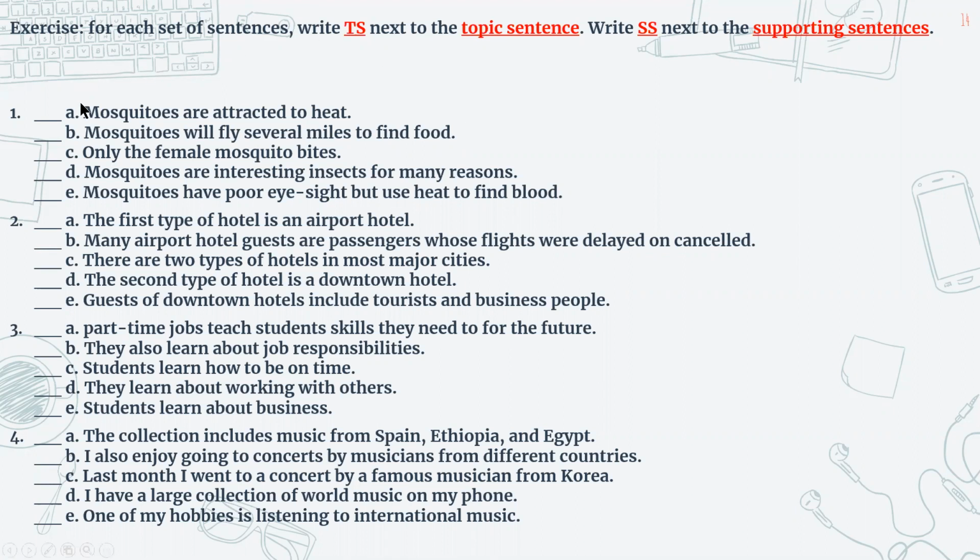Okay, for the first set, mosquitoes are attracted to heat. Okay, this is information. You are giving information. This is too specific, so it can't be the topic sentence. Mosquitoes will fly several miles to find food. Also, this is too specific. Only the female mosquito bites. Okay, this is also specific. Mosquitoes are interesting insects for many reasons.